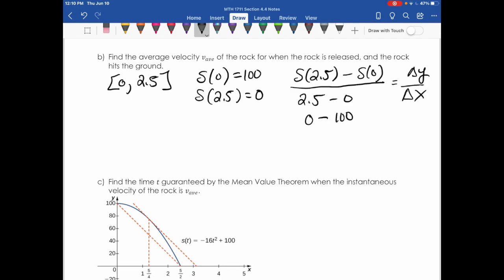So now when I calculate this, I'm going to get s of 2.5, which is 0, minus s of 0, which is 100, all over 2.5 minus 0. That's going to give me an average velocity of negative 40 feet per second. So this is my average velocity over the time interval from 0 to 2.5 seconds.